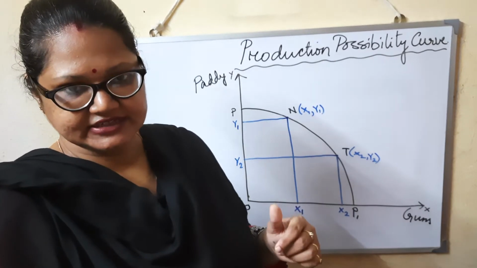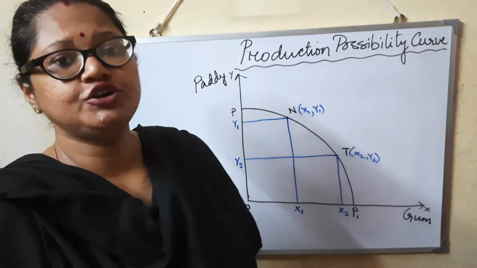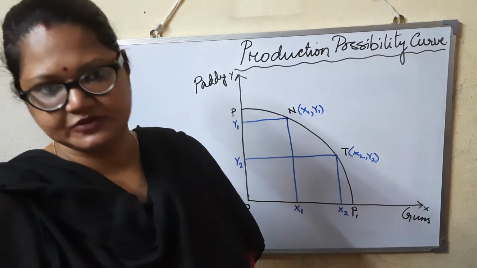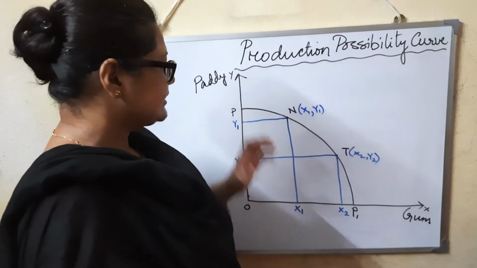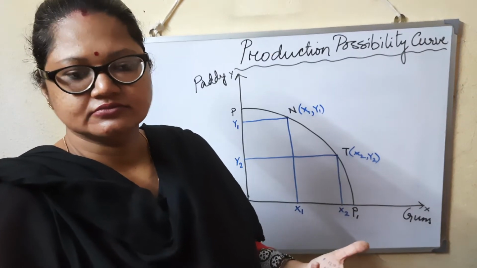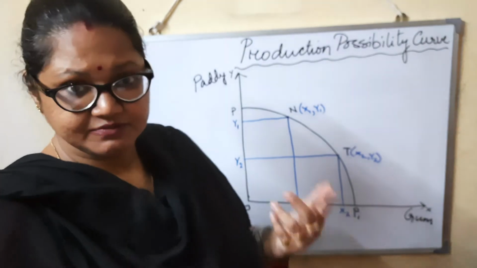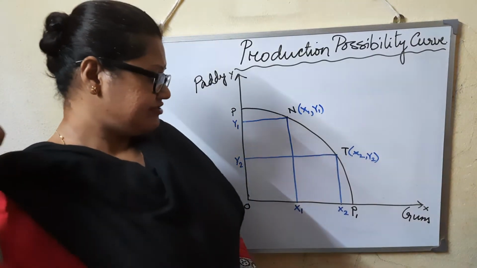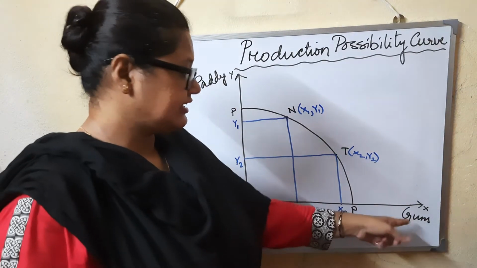On top of that, the problem of what to produce can also be solved through PPC. Let's see how. Suppose there is an imminent danger of a war scene. At that time, the country will require more guns.